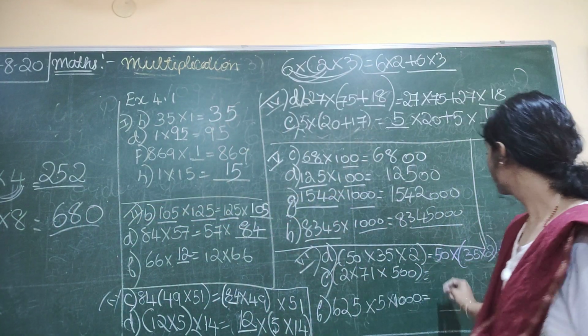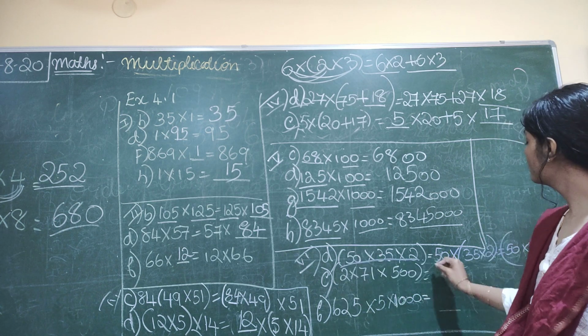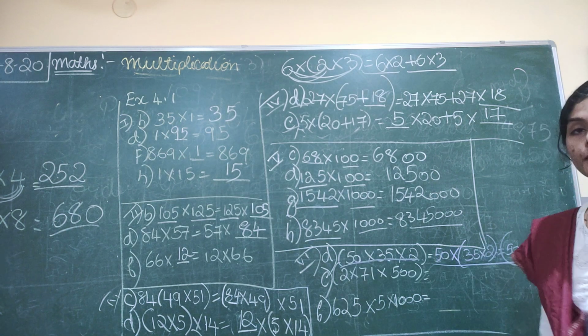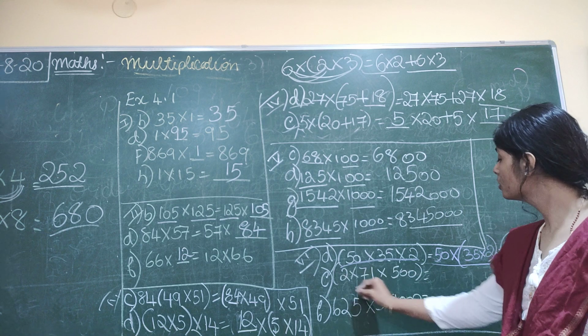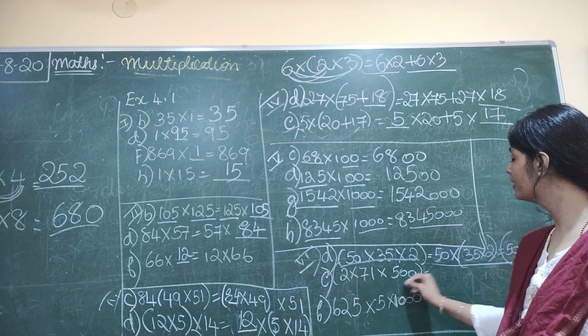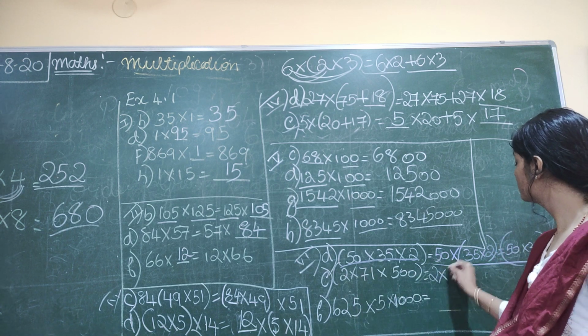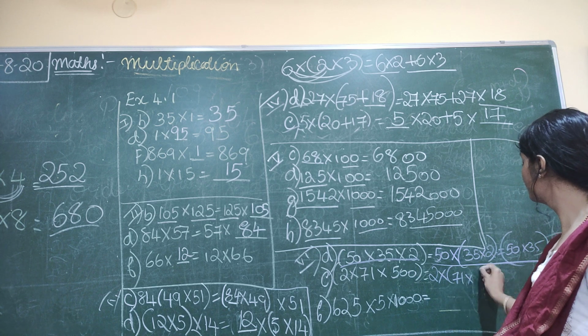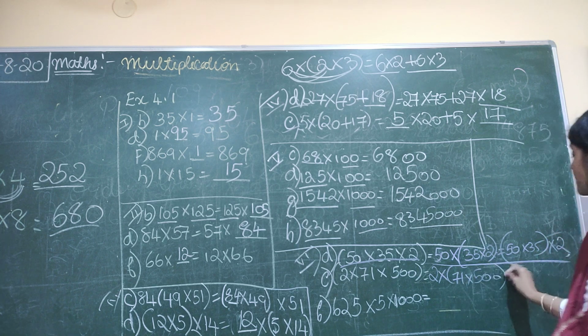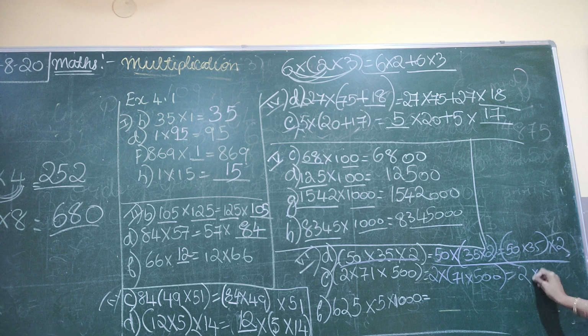See, same thing we are doing in the associative property. We are separating it. So 2 into 71 into 500 is equal to 2 into 71 into 500. Got it?